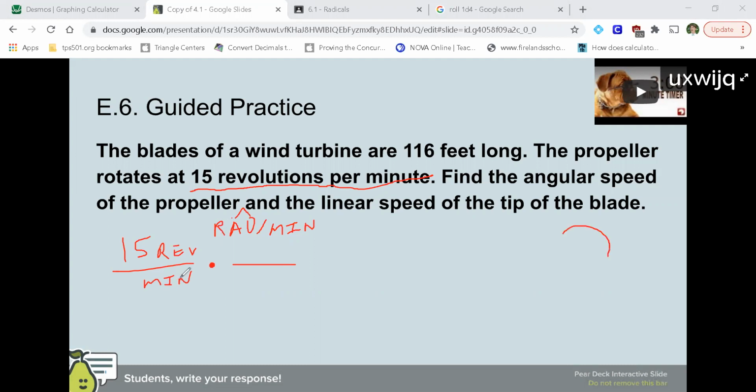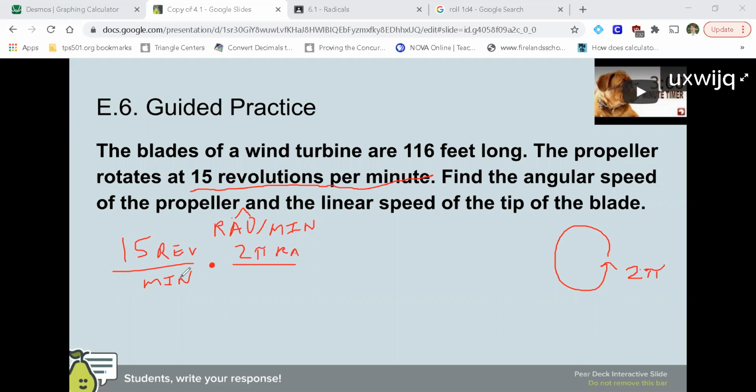How many radians are there in a full circle, a full revolution? Two. Ooh. 2 pi. 2 pi, that's right. Good job.